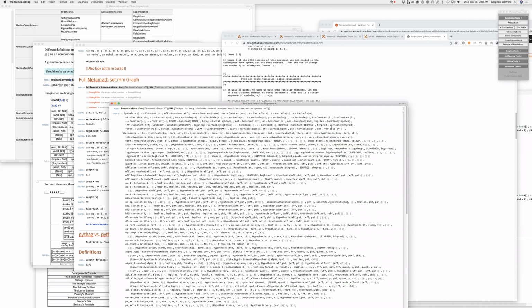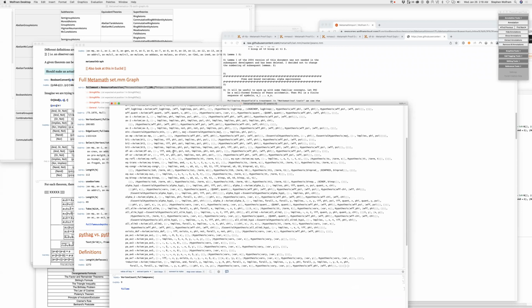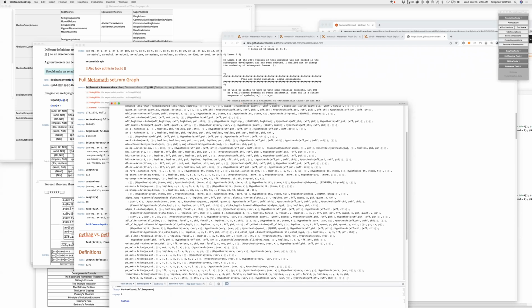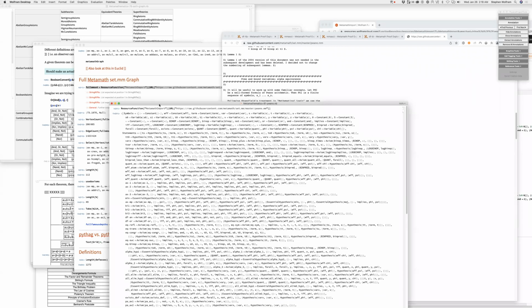Well, let's see. Try without a graph. Okay. It's weird. One more bracket. And now graph again.